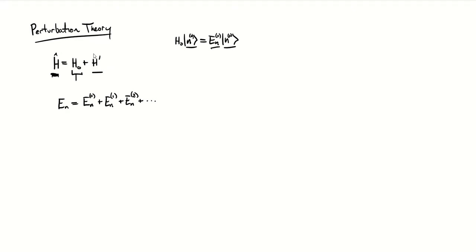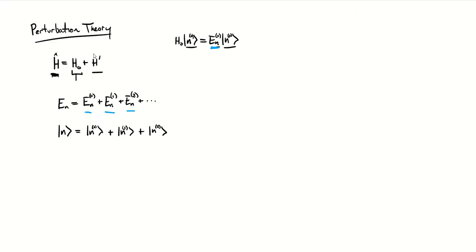We can take that out to as many orders as we want, but essentially we have the zeroth order energy, which is just the unperturbed energy, and then a first order correction, a second order correction, and so on and so forth. And we saw that those energy eigenstates can be written in the same sort of way, where we have an unperturbed energy eigenstate and then some first order and second order corrections to that.